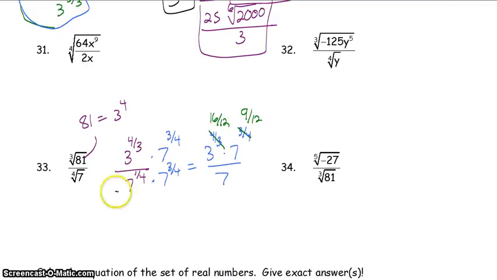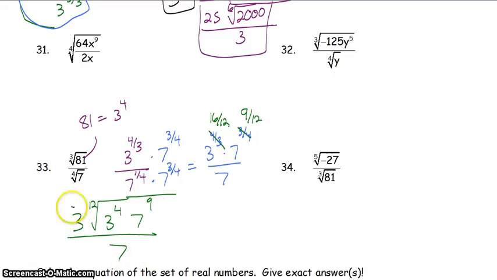Okay, so I'm going to rewrite this so I have an index of 12, but I can take one full 3 out because of the 16 over 12. I can use 12 of them and take a 3 out. Now when I do that, I leave the 12th root of, I have 4 of them left. The 7s didn't have enough to take out, 7 to the 9/12, and then all over 7. And that would be the final answer.